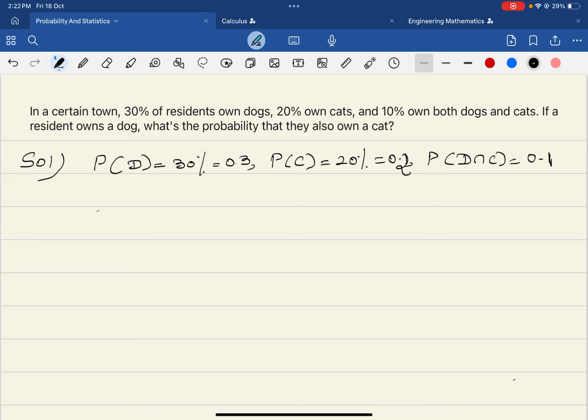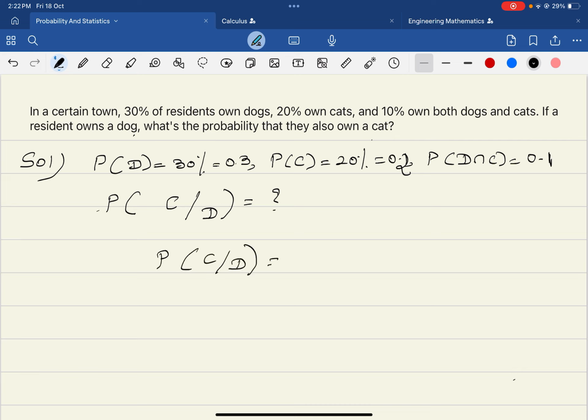So this is what is given. And now, if a resident owns a dog, try to understand, there are two events, buying a dog and buying a cat. So what happened first? Owns a dog already. What is the probability that they also own a cat? This is what is asked in the question. So it is nothing but the conditional probability.